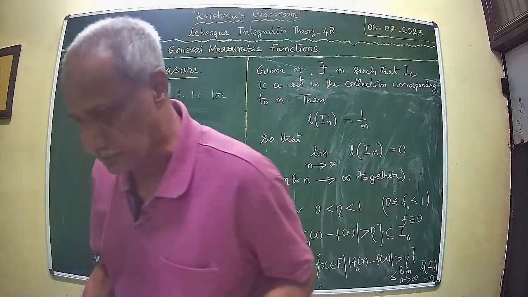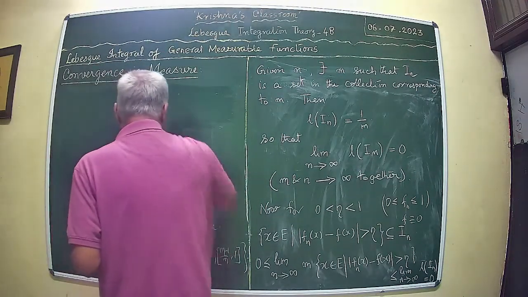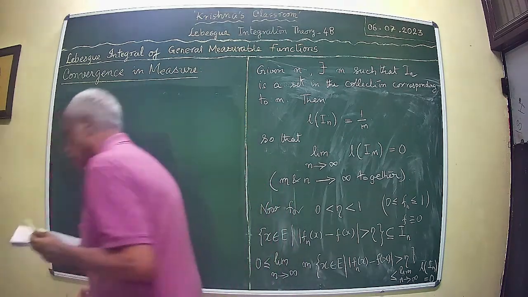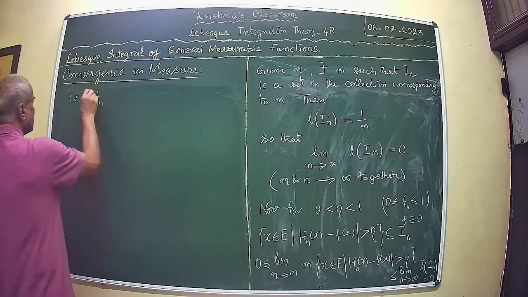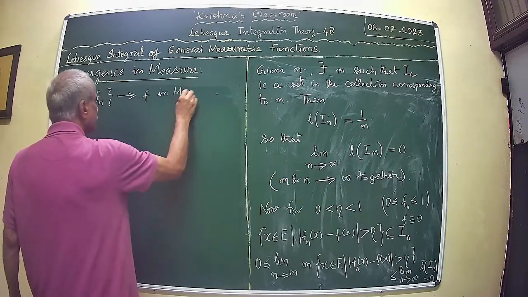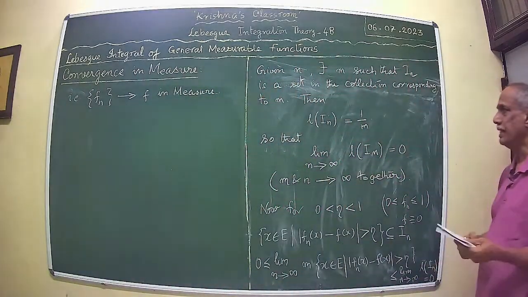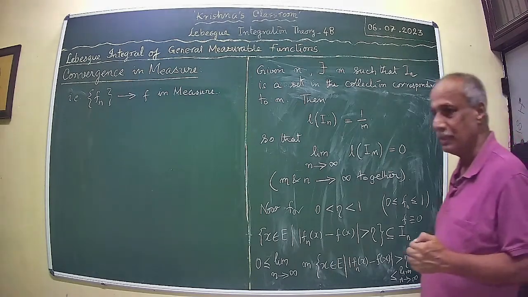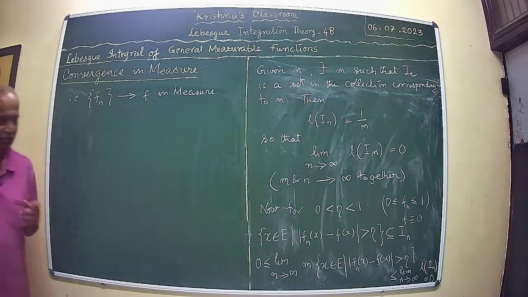Therefore, now it is clear that, so what we conclude is that Fn converges to F in measure. That is clear. So we have got a sequence that converges in measure. But what we claim next is that at no point does this sequence converge to 0.